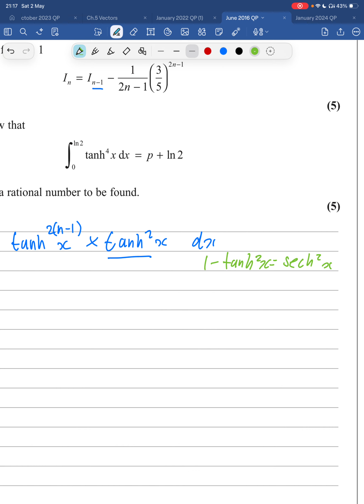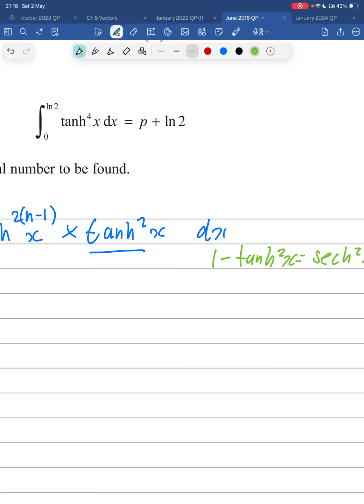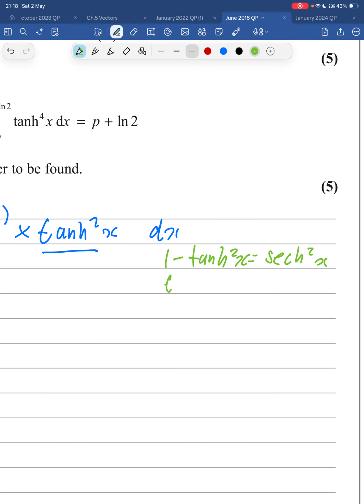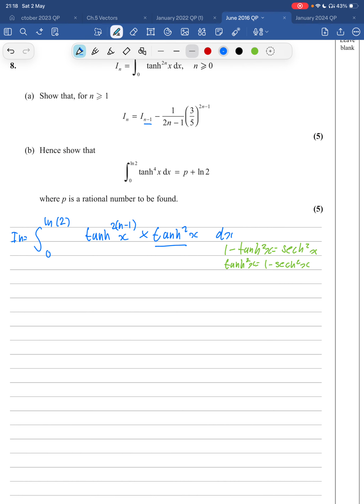That can be derived from the formula booklet. I won't go into that detail right now. I can in later videos if you guys want me to, but I'm just not going to do that now. So therefore, this gives us that tanh squared x is equal to 1 minus sech squared x. I've done that in green just so it's clear.